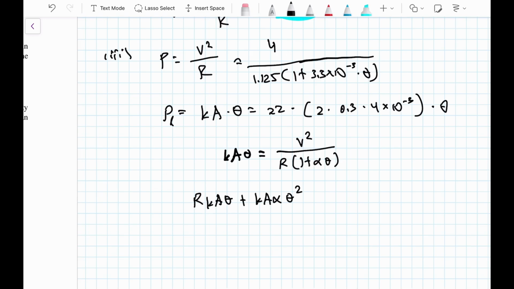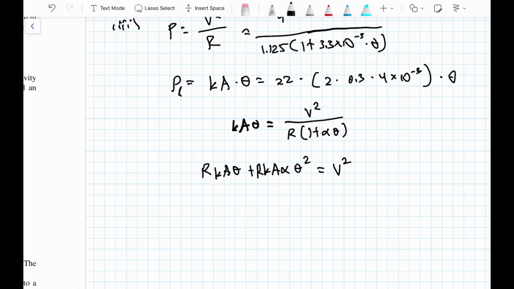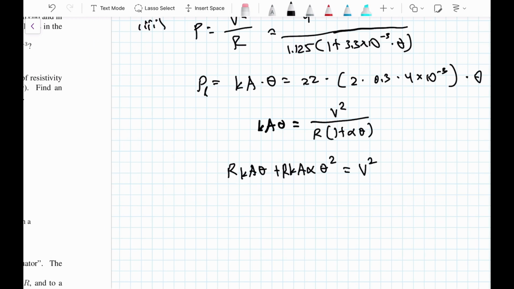And wait, this also has an R, right? Yeah, okay. And this is equal to V squared. And we want to isolate theta. So basically this is just a quadratic equation.